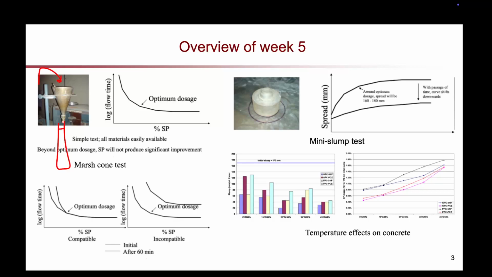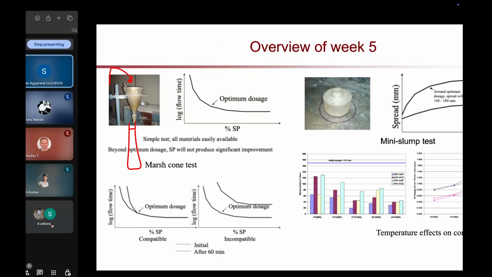It is closed from the bottom. When we open it, we start noting down the time until it is filled up to this point. That gives us the flow time. If we see in this graph, it gives you the flow time.